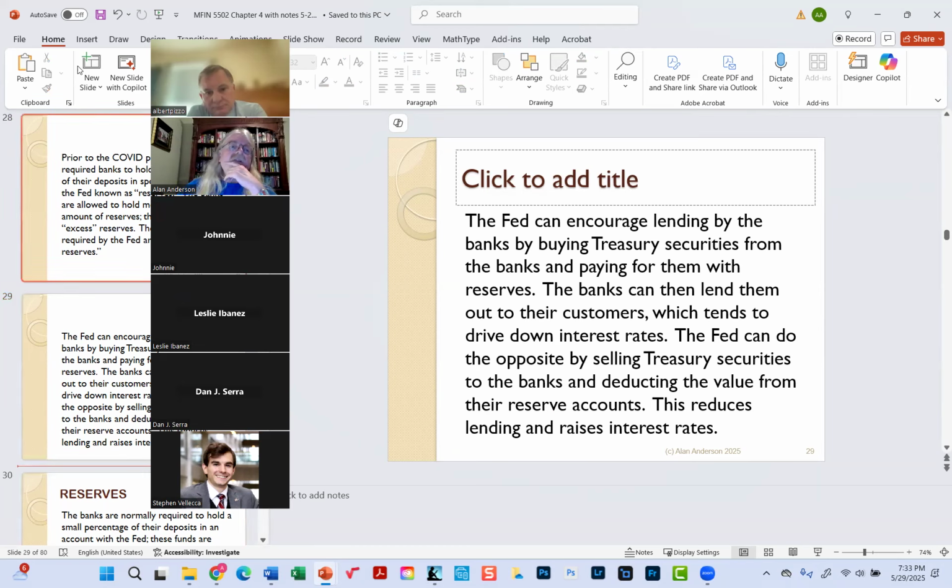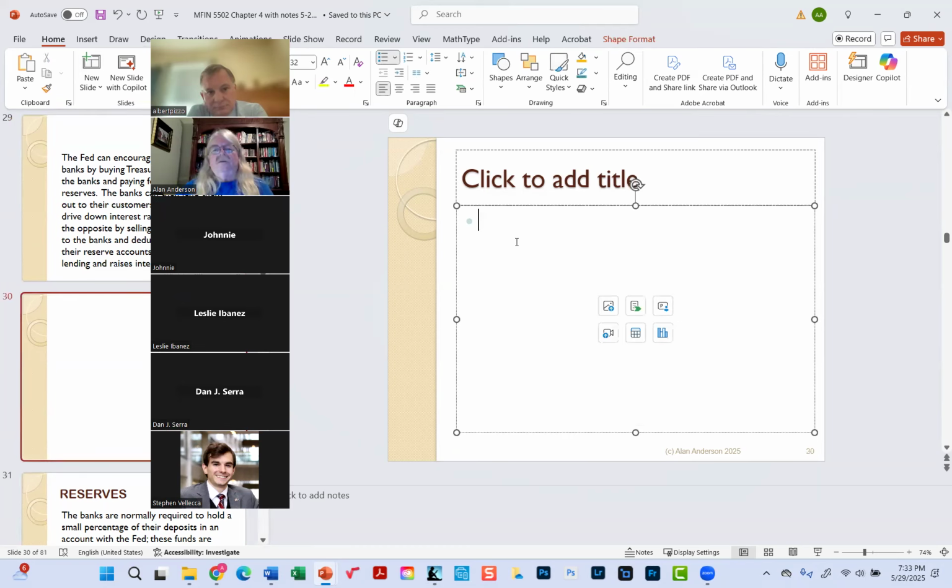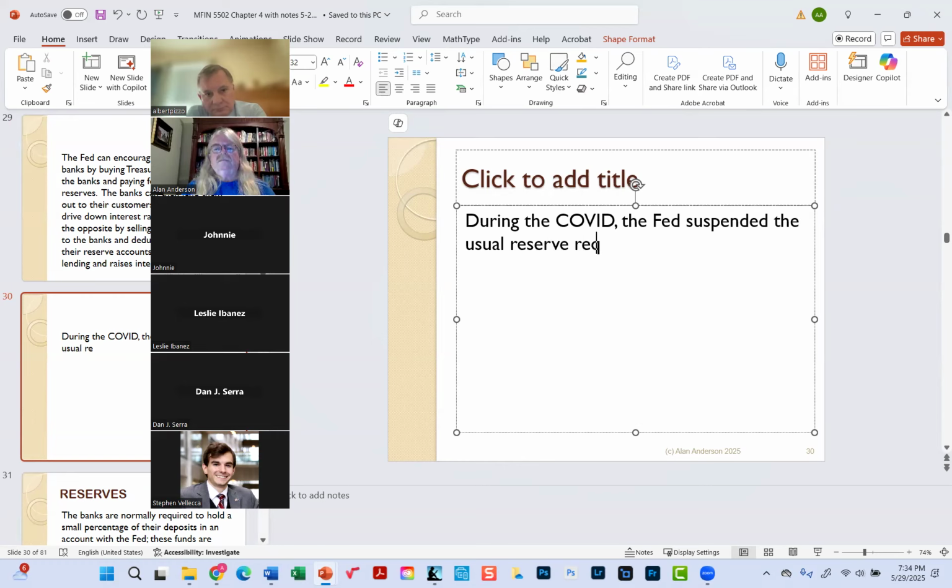Now, interestingly enough, as a side note, during the COVID, the Fed suspended the usual reserve requirements to encourage lending by the banks.